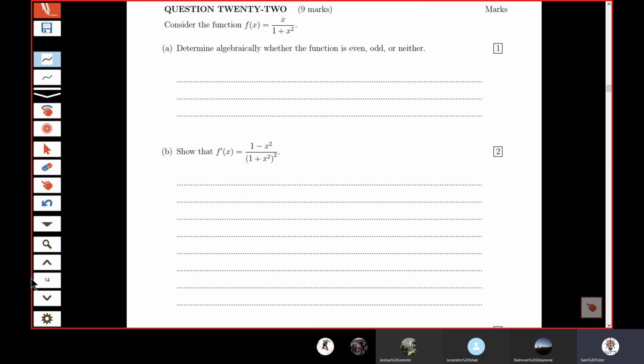All you're going to do to find the stationary points, the turning points, is differentiate and then make it equal to 0. When you make it equal to 0, you solve for x. That's your x value where it turns.